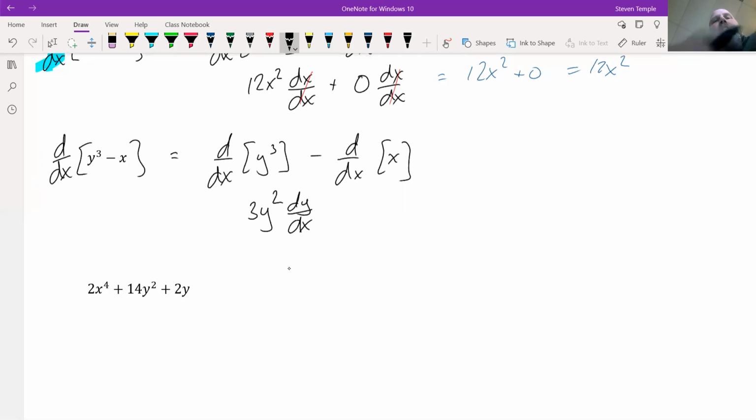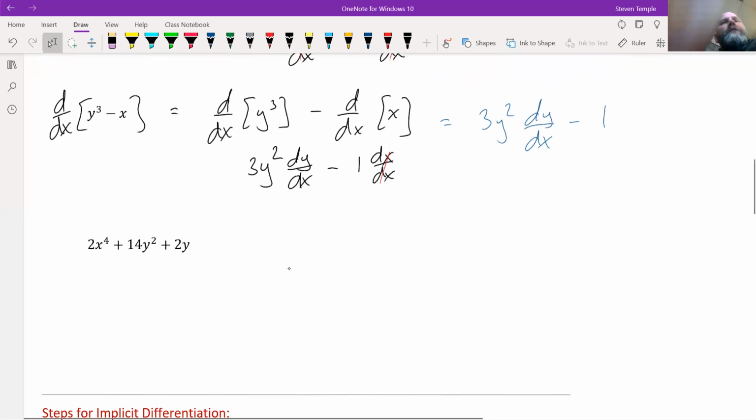In the second part, it will be minus the derivative of x, which is 1, dx over dx. And when you clean things up, your answer is simply going to be 3y squared dy dx. The dy dx does not go away, and then your minus 1. So when you take the derivative of a y, you just have to remember to include your dy dx.